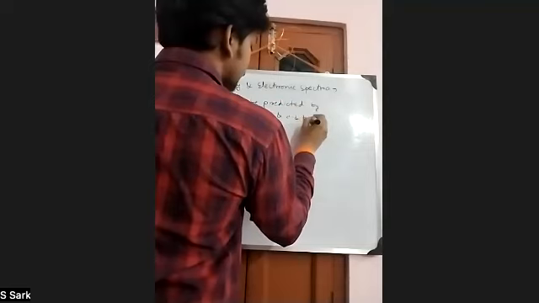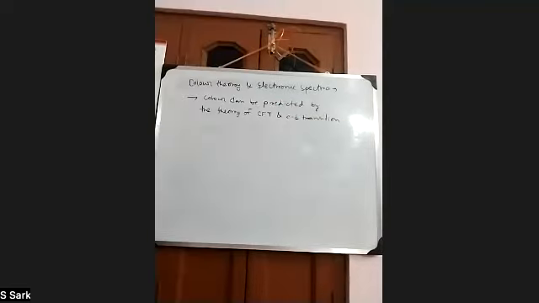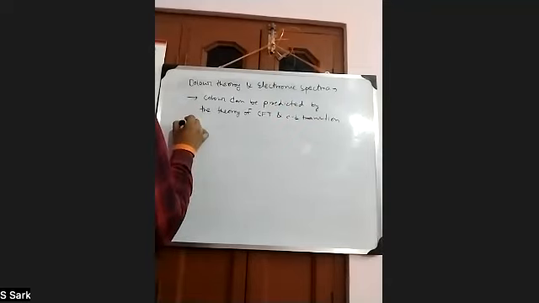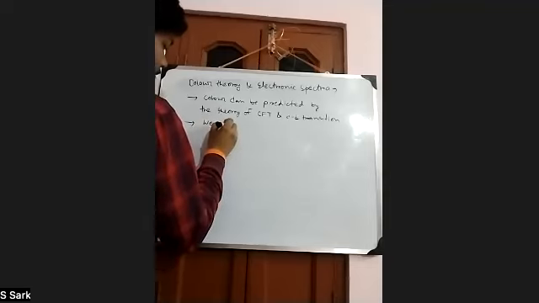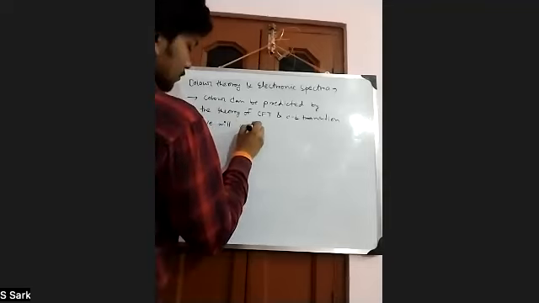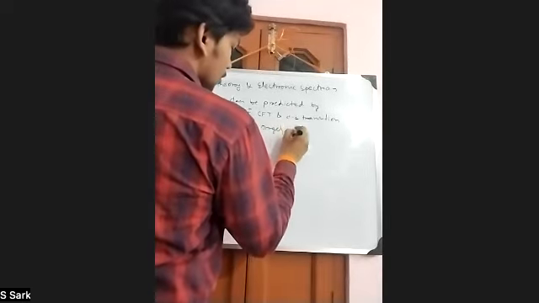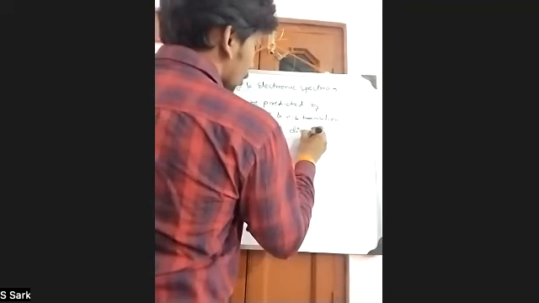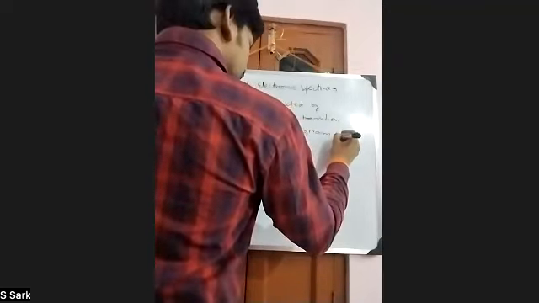But in case of electronic spectra, we will use the Orgel diagram to see how many transitions can be possible.